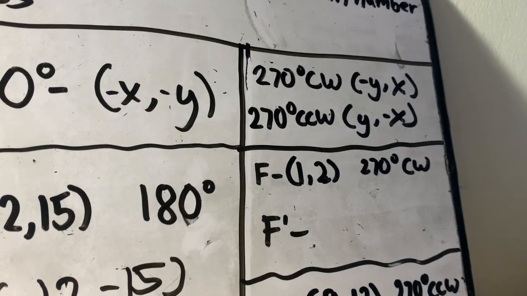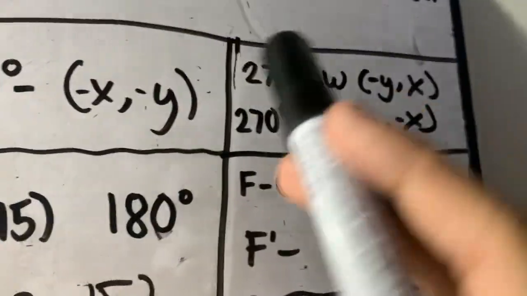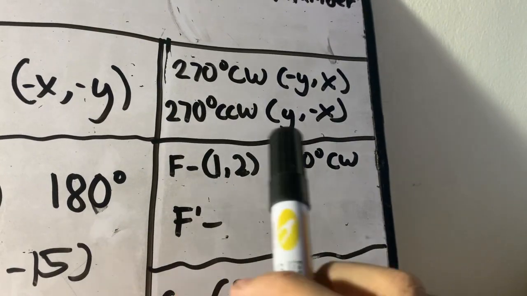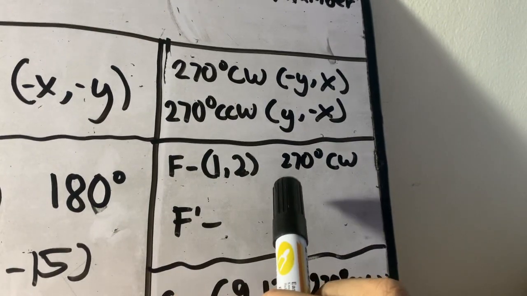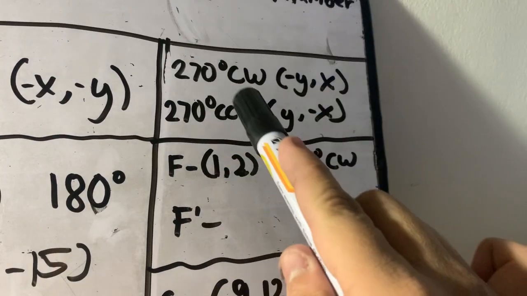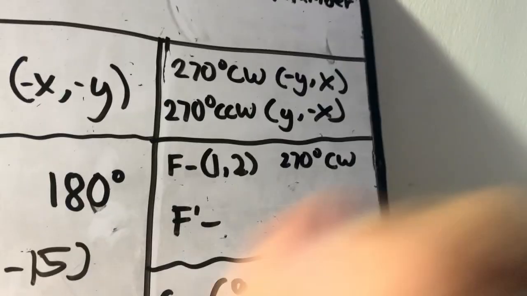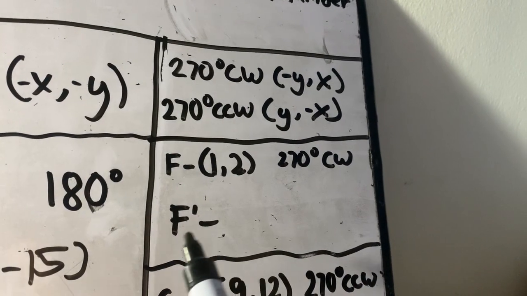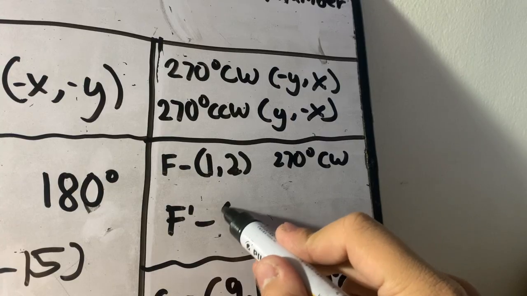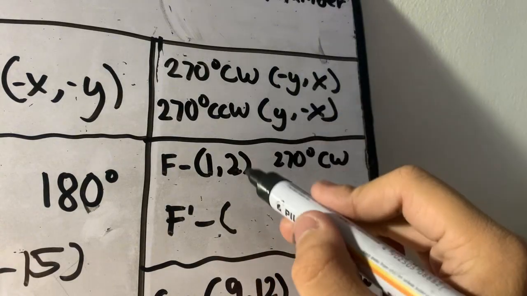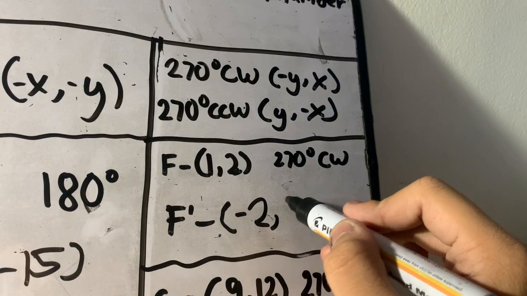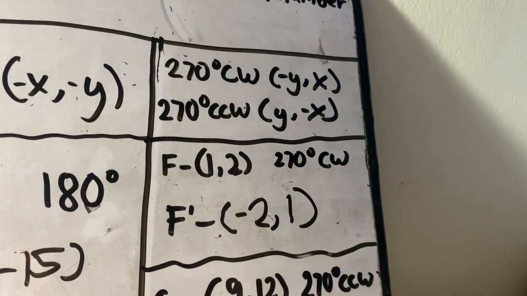So now, we have this. So we have f is 1 is our x and 2 is our y. So 270 clockwise. So we're gonna have to do this. And now we have to do f prime is equal to, ang 2 natin, so copy the negative sign, so negative 2 and 1. That's it.